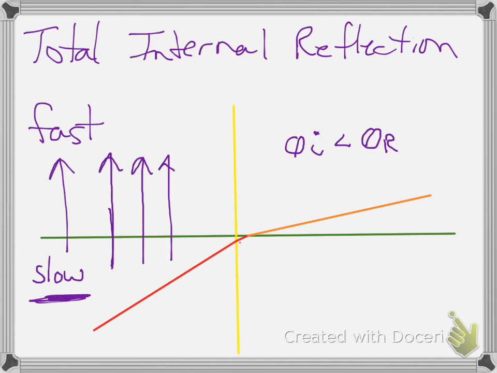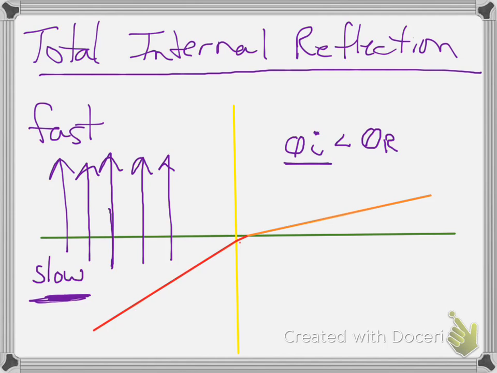In your last lab, you went the opposite way. You went from fast to slow. Now you're moving from slow to fast. To achieve total internal reflection, this is one of the criteria. You're moving from slow to fast, so your angle of incidence is actually less than your angle of refraction. This is your angle of incidence. This is your angle of refraction.